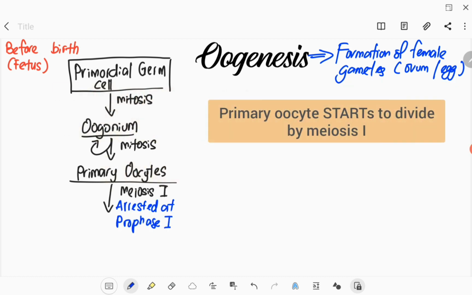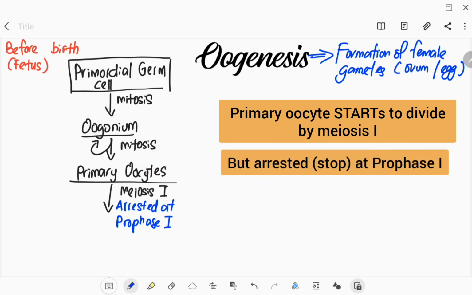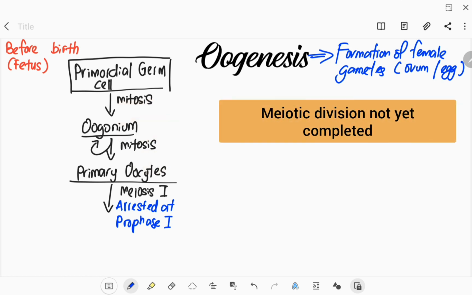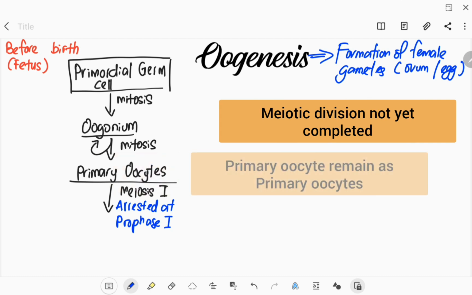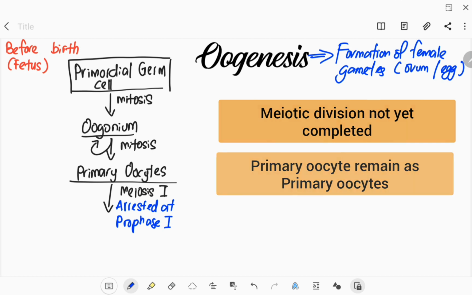Primary oocyte pula akan start to divide by meiosis 1, but the process will become arrested at prophase 1. So, division of meiosis untuk primary oocyte at this point tidak lengkap. Dia sudah enter meiosis 1, tetapi after prophase 1 completed, dia akan stop dividing. Primary oocyte akan remain as a primary oocyte at this stage of the oogenesis.